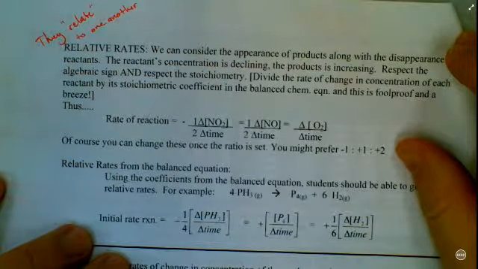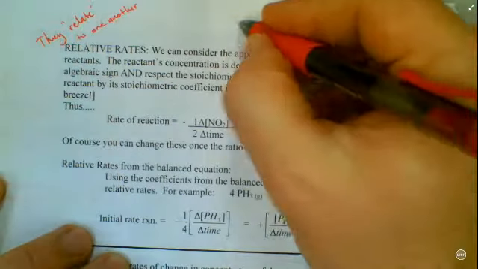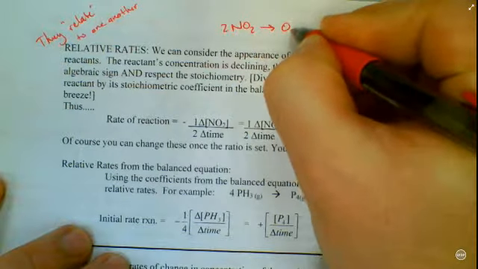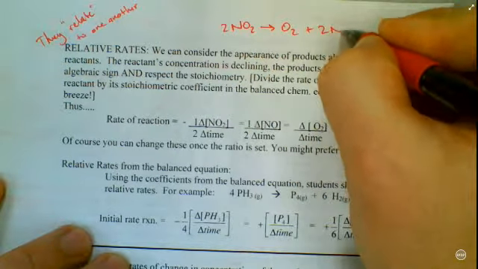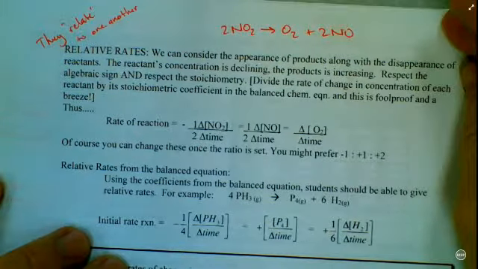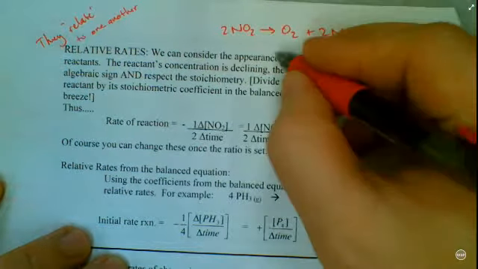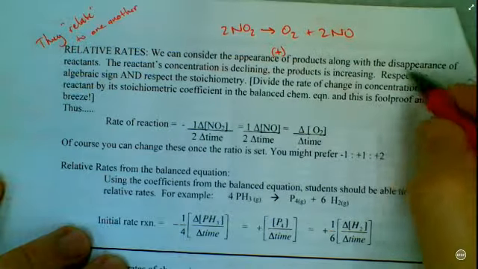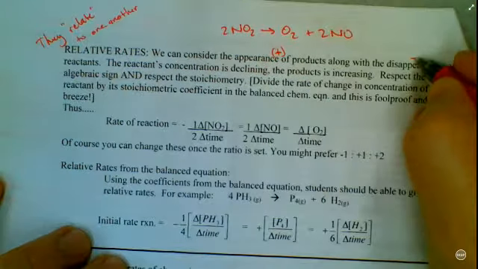We can consider the appearance of products. Okay, let's look at that same equation again. We can consider the appearance of products, which is going to come with a positive sign, or the disappearance of reactants, which is going to come with a negative sign.